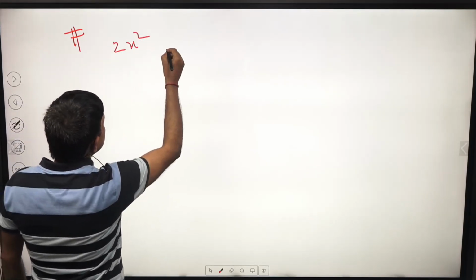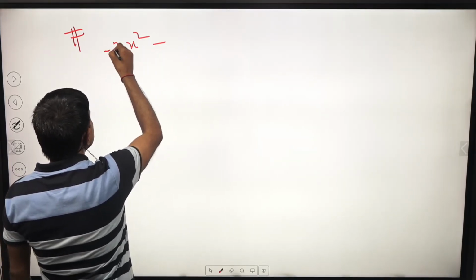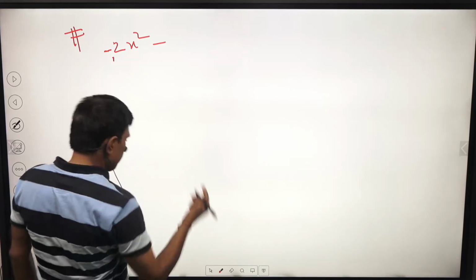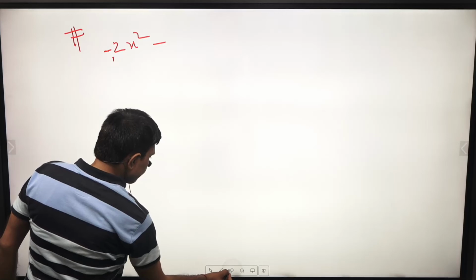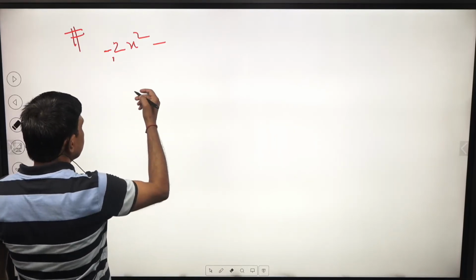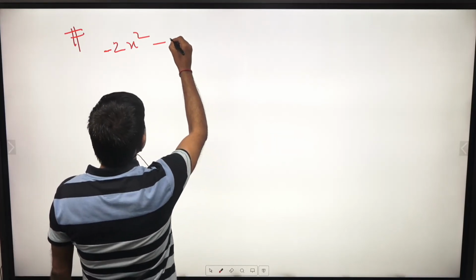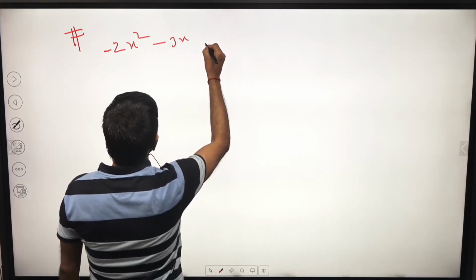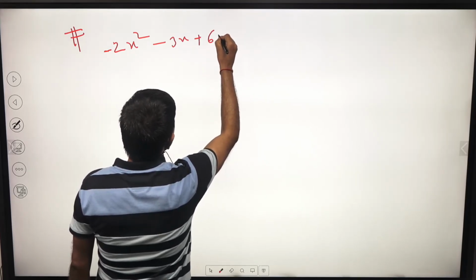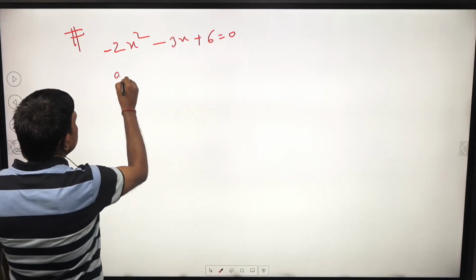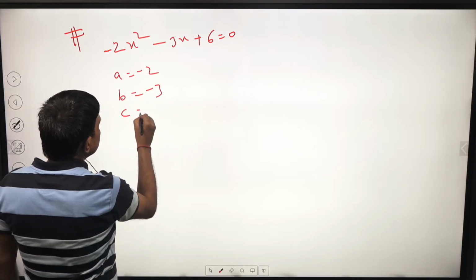Minus 2x square minus 3x plus 6 equal to 0. So here a is equal to minus 2, b is equal to minus 3, and c is equal to 6.